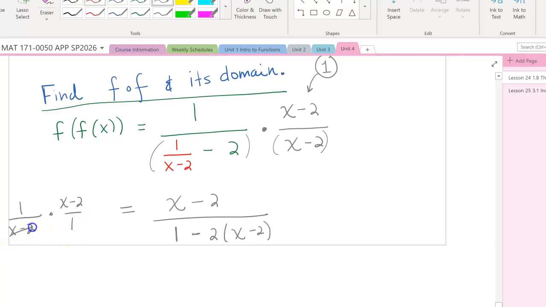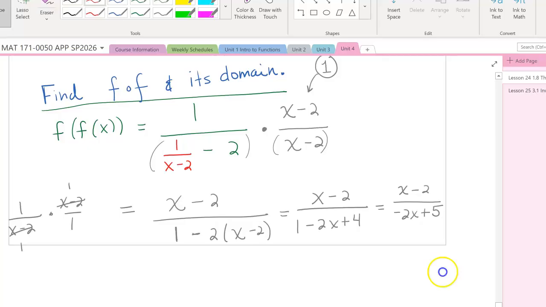These would cancel to 1, or x minus 2 over x minus 2 would just be 1. And I purposely didn't multiply because I want to make sure that I distribute this correctly. So that's going to give me x minus 2 over 1 minus 2x plus 4, which is going to equal x minus 2 over negative 2x plus 5.